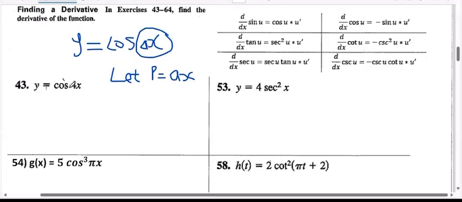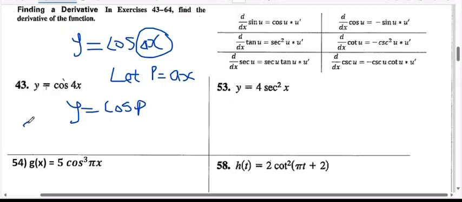So using the chain rule, I'm actually going to break it down into two, and that's what I'm doing right now. So y equals cos p, and p equals ax.